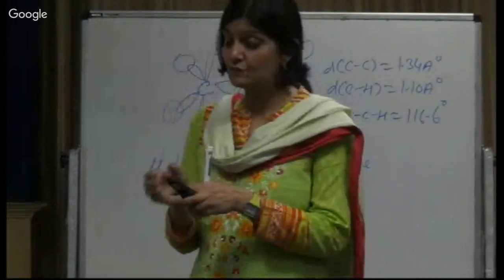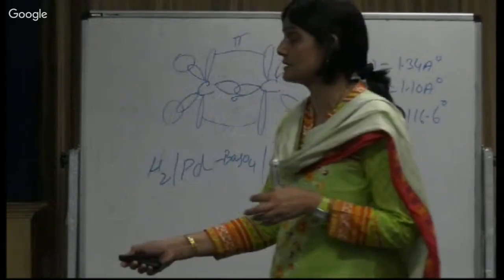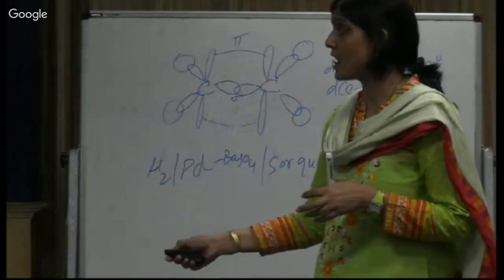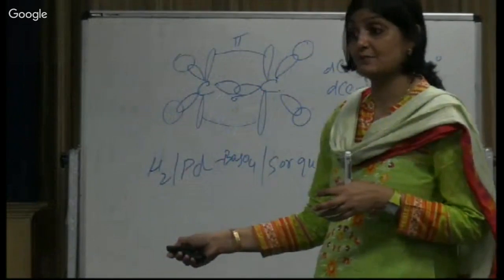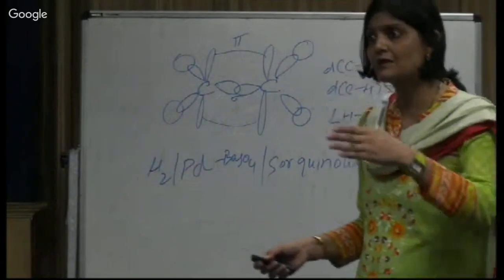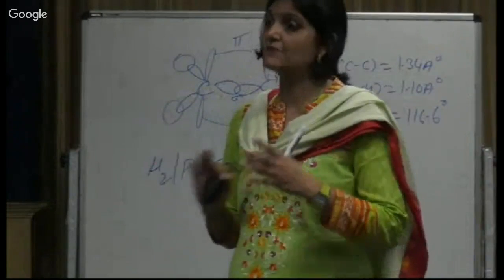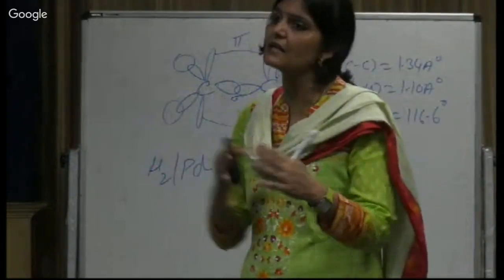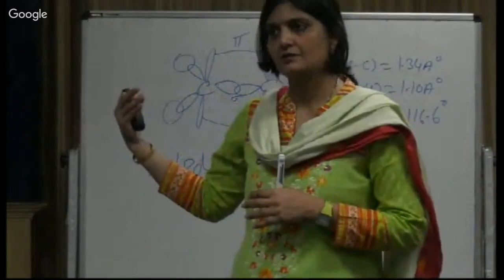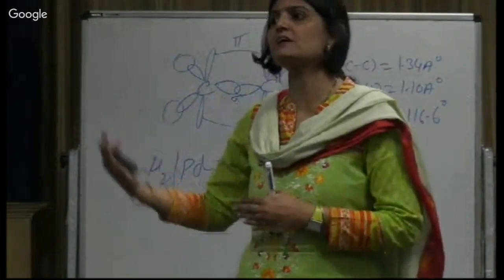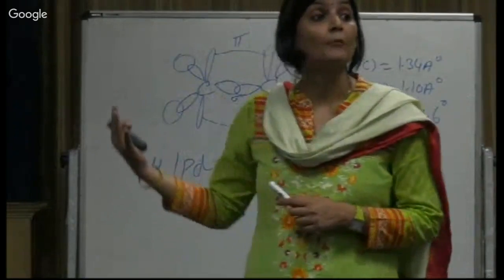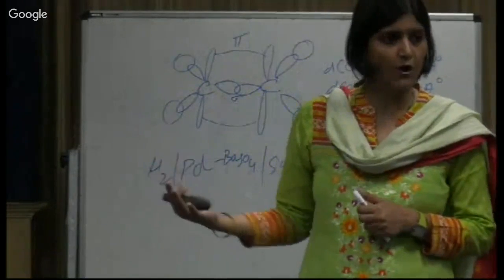Whereas, if you do a Birch reduction, you will get a trans alkene being formed as a product. So if you have to convert an alkyne into a cis alkene, do a Lindlar's catalyst reduction. And if you have to convert it into a trans alkene, use a Birch reduction. Okay? So by choosing a suitable reagent, we can control the stereochemistry of the product which is to be formed.